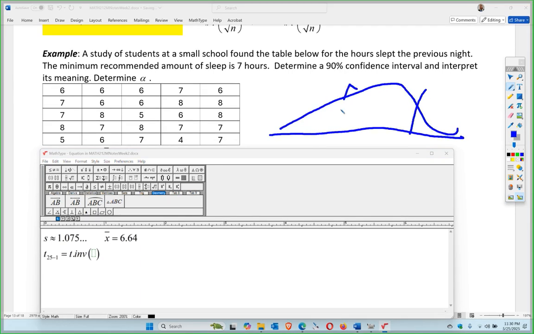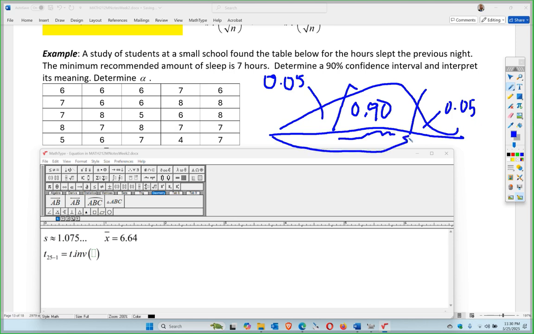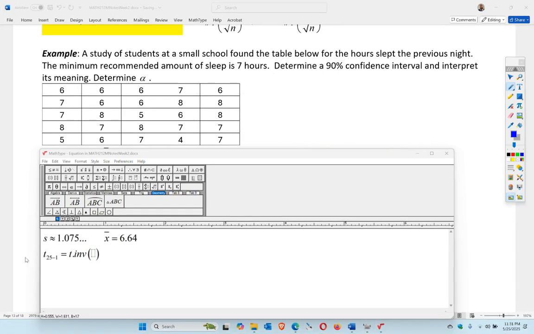There's our 90% confidence, right? So our true population answer will fall 90% of the time in here, and then 5% here, and 5% here, right? So we have to go 95 to get to there. So these are our t values. There's a t value there, there's a t value there. So same calculation as the z essentially as far as how we do it. Comma 25 minus 1.